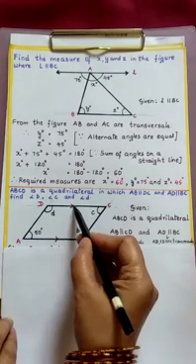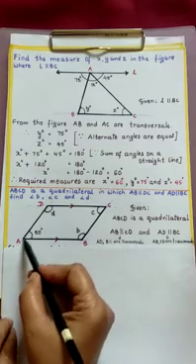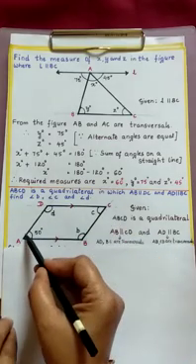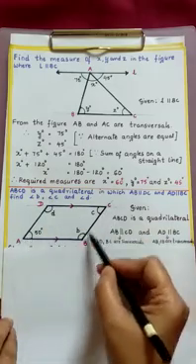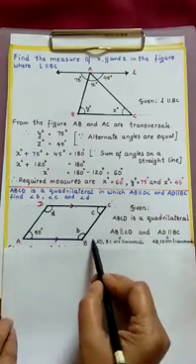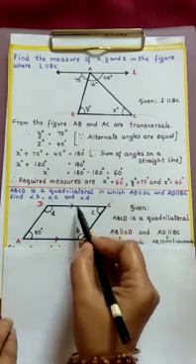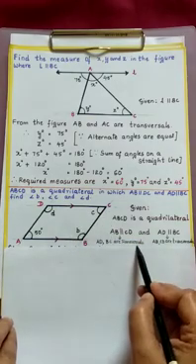Suppose AB is parallel to CD, what are the transversals here? AD and BC, because these two lines intersect these parallel lines at two distinct points. Children, if you extend, you will get an idea. So here, if AB is parallel to CD, AD and BC are transversals.